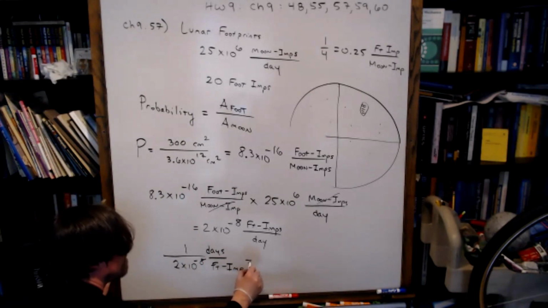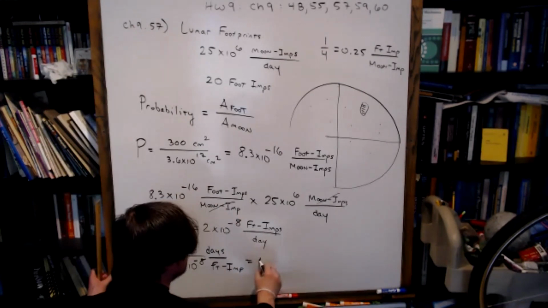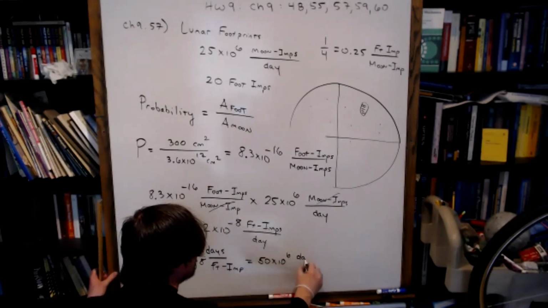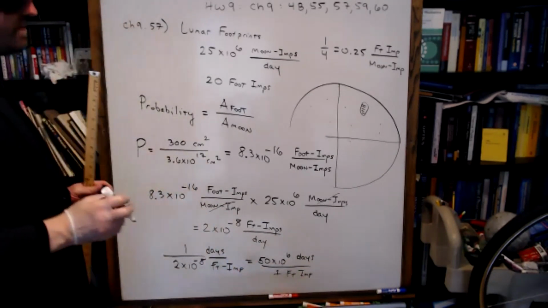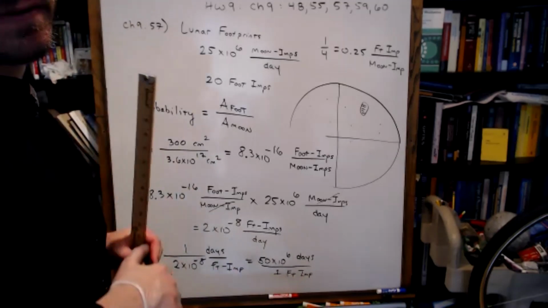And what do you get? 50 million? 50 million days in order to get 1 foot impact. Now what do I do?